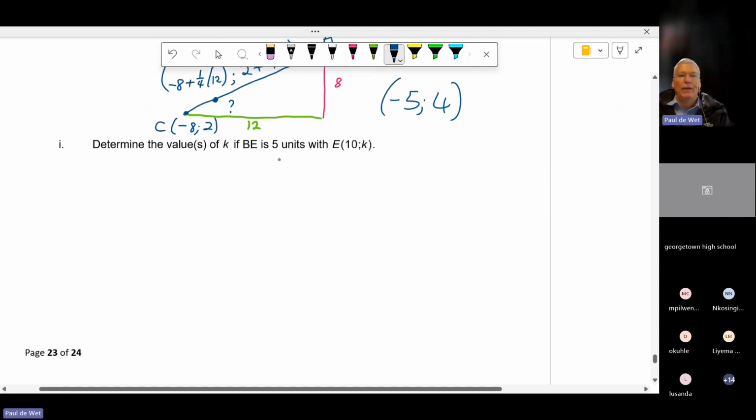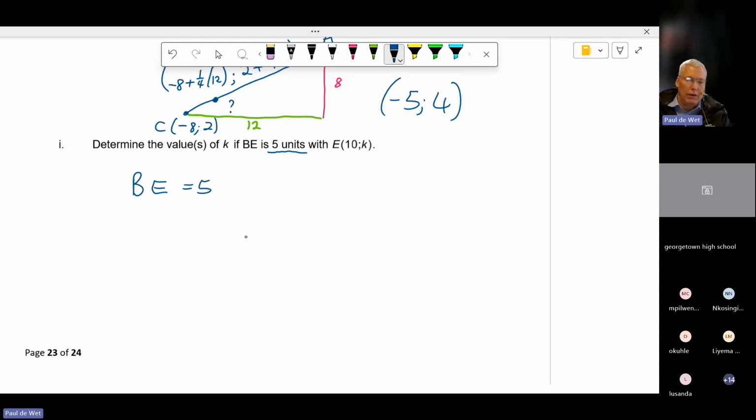This question is talking about our distance formula. So we want the distance from B to E to equal 5. B is (6, -6) and E is (10, k).